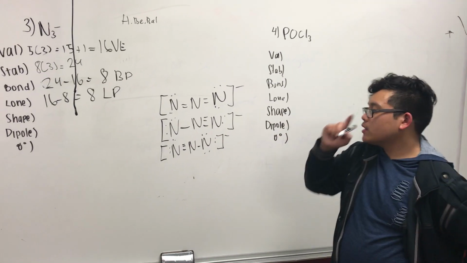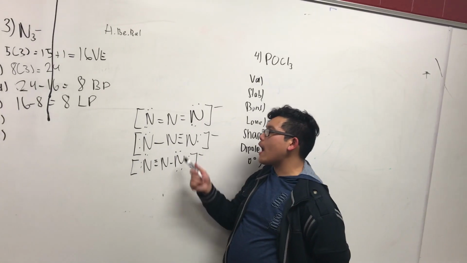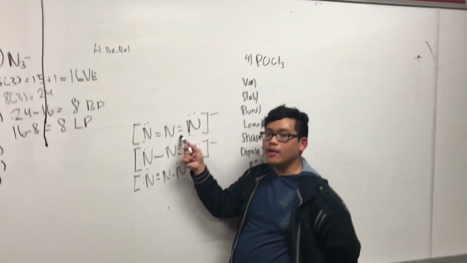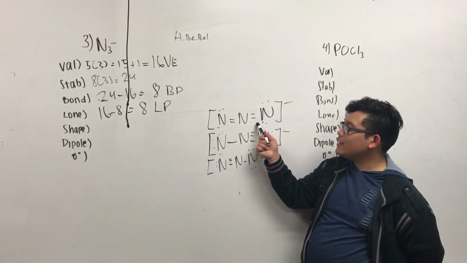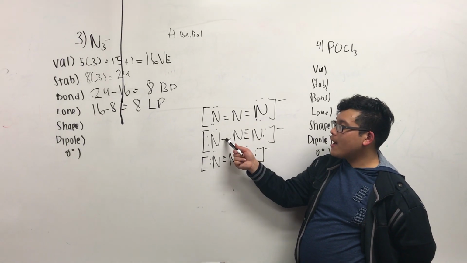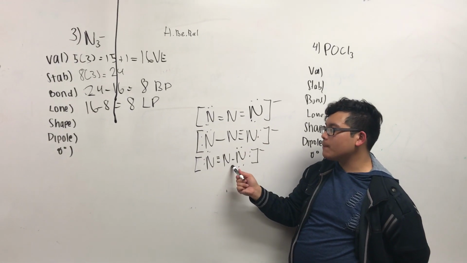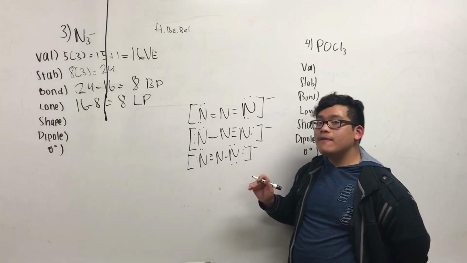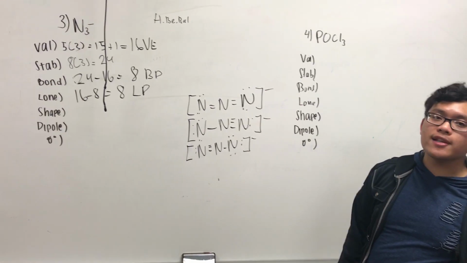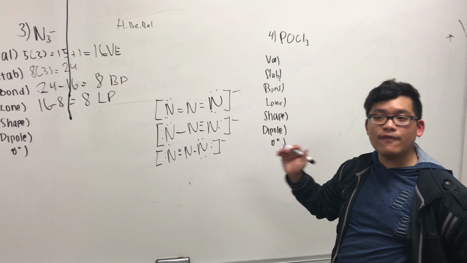Right there. When I did this last semester, I just drew this. It did not hit me that this double bond can be a single bond and a triple bond, or a triple bond and a single bond. So you have to be very careful. This is what we call resonance, where you can draw the structure many different ways.